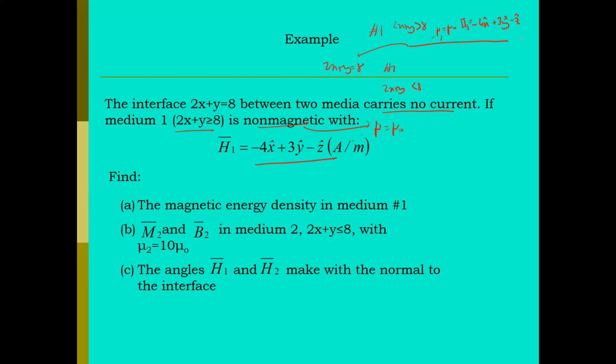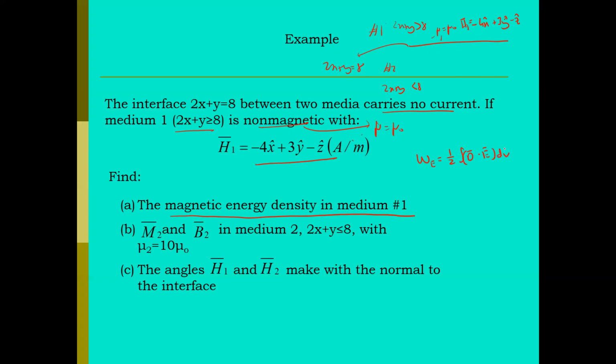Based on this problem, the first task is to find the magnetic energy density in medium number 1. We have learned previously in electrostatics, in chapter 4, about the electrostatic energy density. The energy is W_E equals a half integration of D dot E dV.